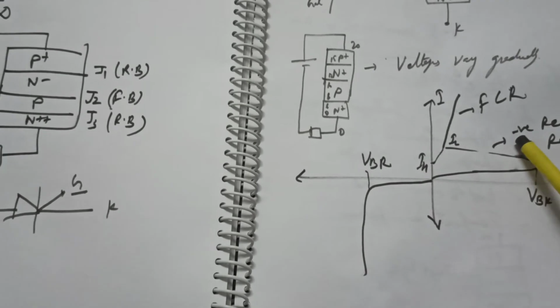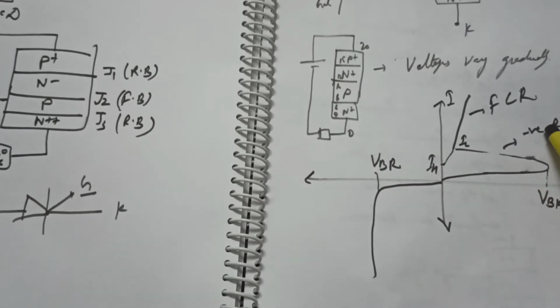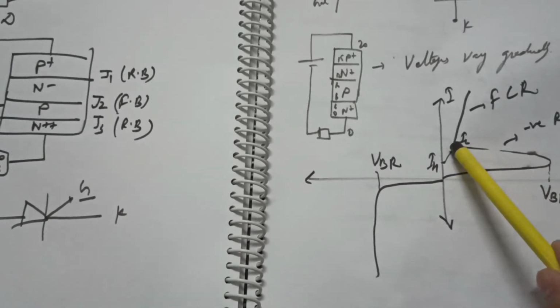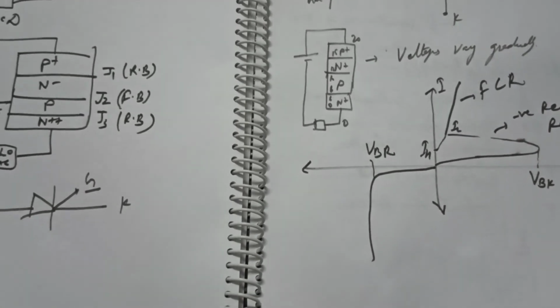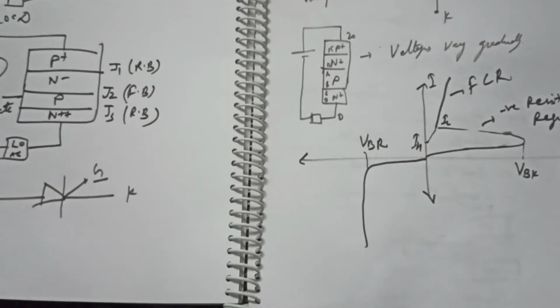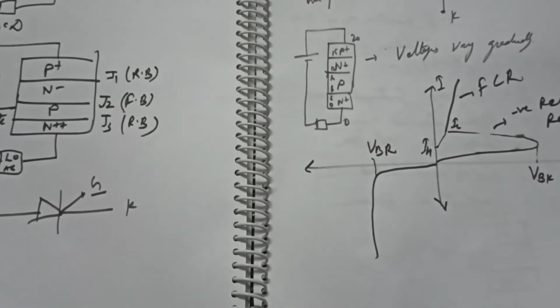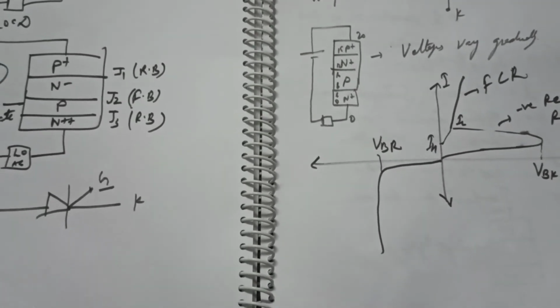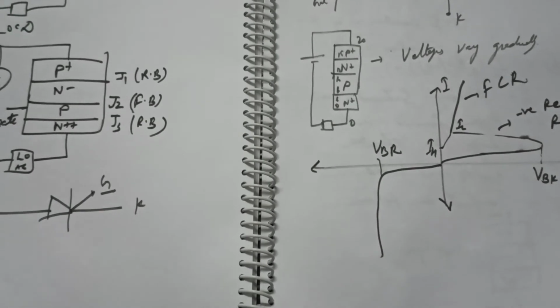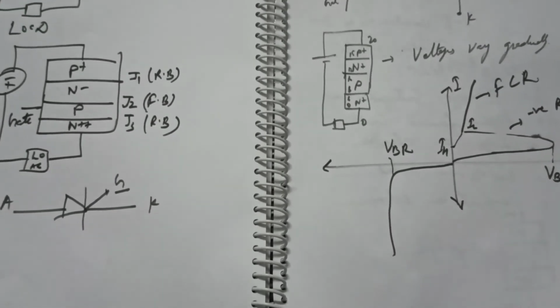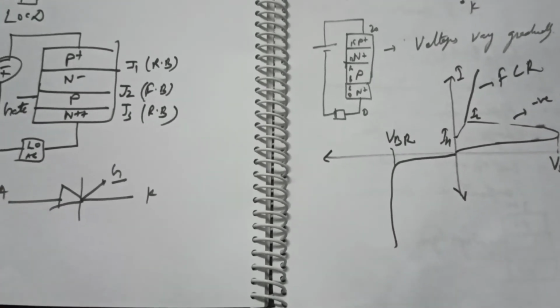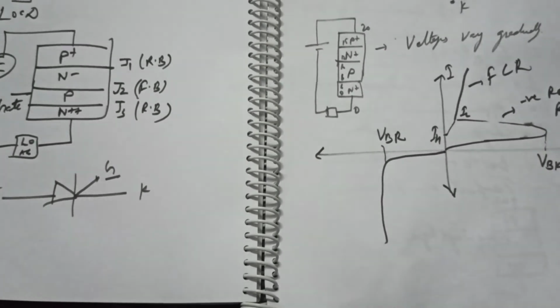When the device goes into conduction, the minimum current that has to be set in the device so that it conducts is termed the latching current, IL. So IL is the minimum current that has to flow through the device so that it goes into conduction. IH is the holding current.